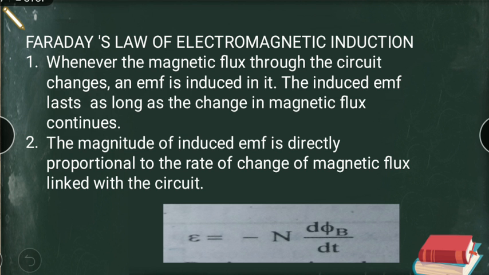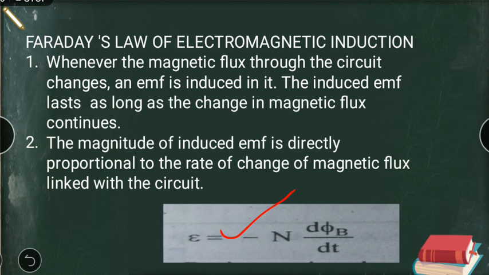The induced EMF lasts as long as the change in magnetic flux continues. Second statement: the magnitude of induced EMF is directly proportional to the rate of change of magnetic flux linked with the circuit. So mathematically we can write E is equal to minus N dΦB by dt.